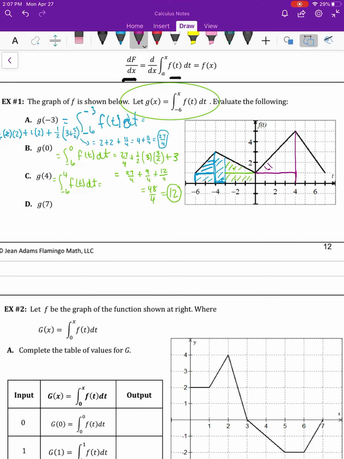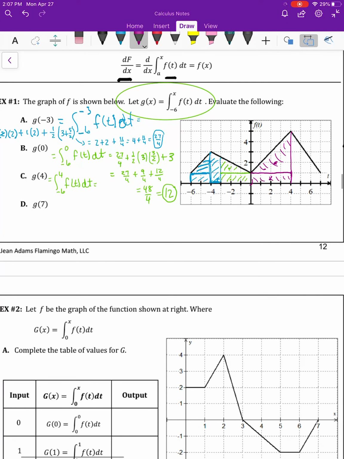I'm just trying to see what would be the easiest, but it looks like here I'm going to be adding on a triangle and a rectangle. But since we're going from -6 to 4, we already have 12, because 12 is going to get us to 0. So then if we add on these two, we'll have our integral from -6 to 4.